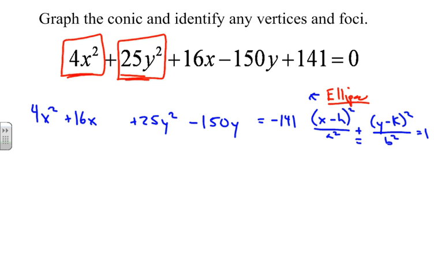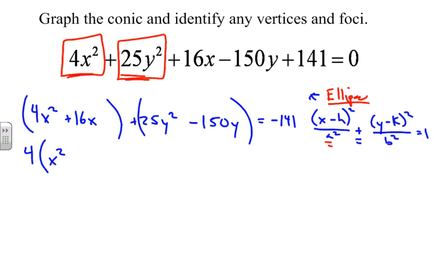Okay, from here, we want to complete the square not once but twice. To do that, we always want our coefficients to be 1, so I'm going to group these two quantities together. Since I want the coefficient of the two quadratics to be 1, I'm going to factor out a 4.